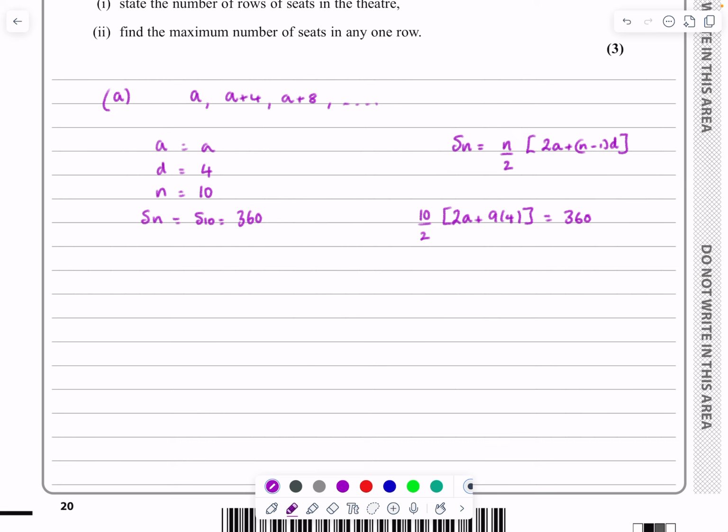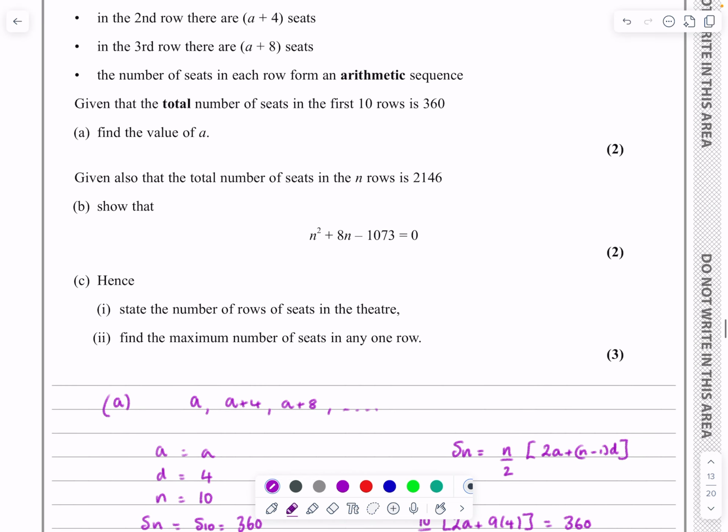So 10 over 2 is 5, 5 times 2a is 10a, 5 times 36 is 180, plus 180 equals 360, so we get 10a equals 180, a equals 18. Tidy it up. a equals 18.